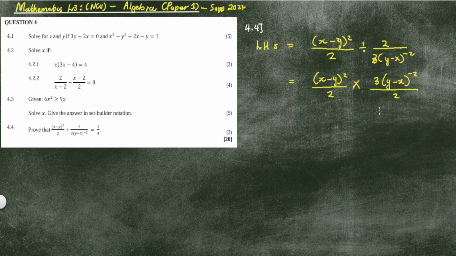So what I basically did, I changed the division sign to a multiplication sign and flipped the second fraction, right? So that's tip and times. We are tipping and then timesing.